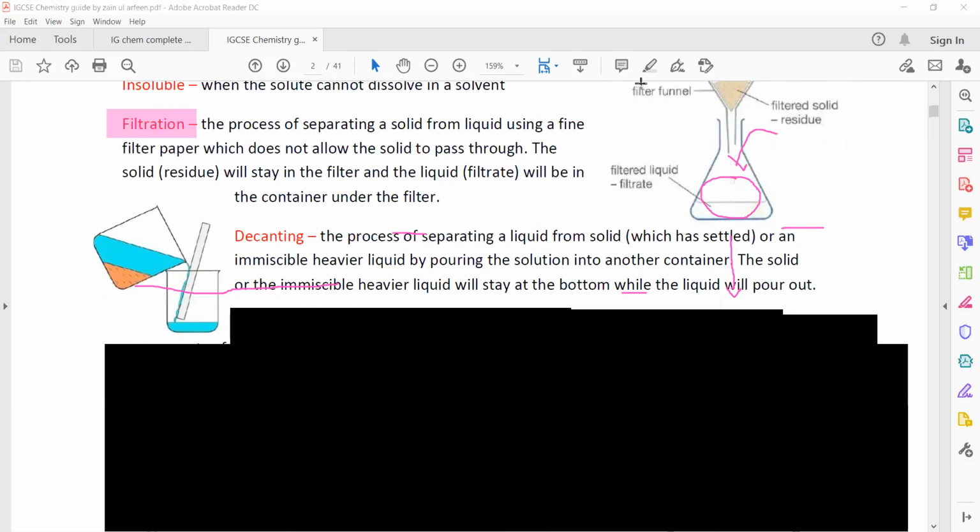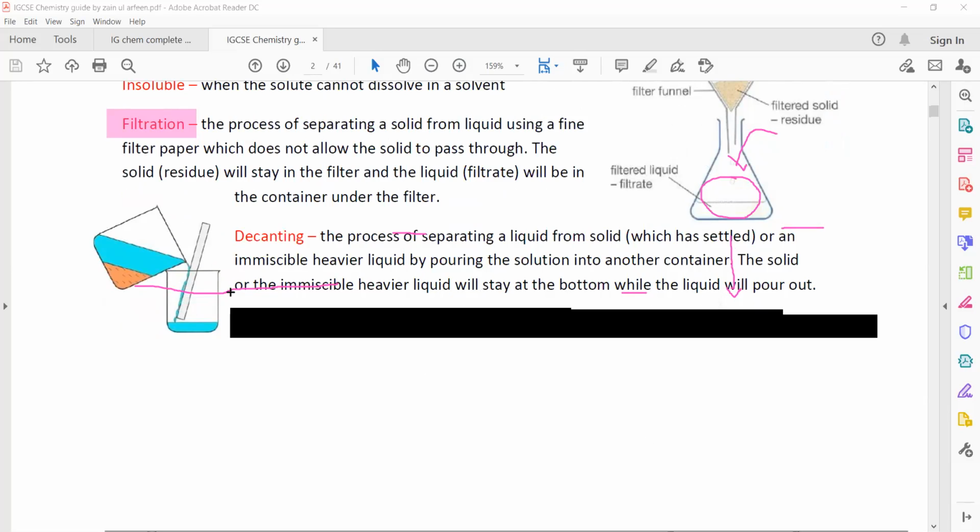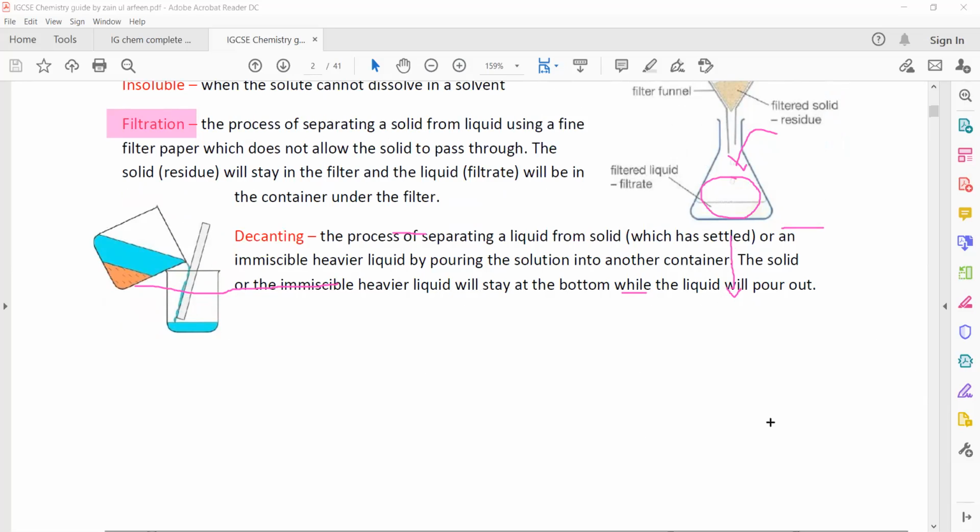What is decanting? The term decanting refers to gradually transferring the liquid into another container, or pouring the liquid into another container. We call this technique decanting.